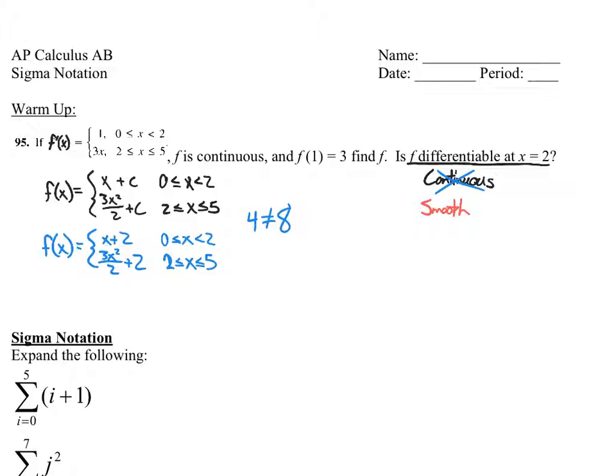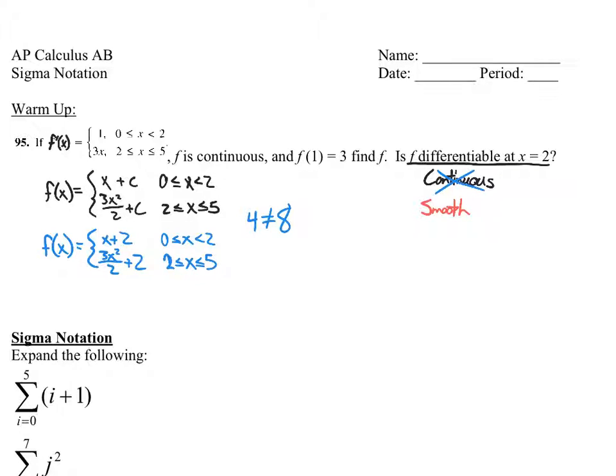If they both have the same slope, then one will come in and the other one will pick up at exactly the same slope. That's what will make it smooth, with no pointy edges, and therefore differentiable. We don't even have to test that here because it wasn't even continuous, so we can just be done.